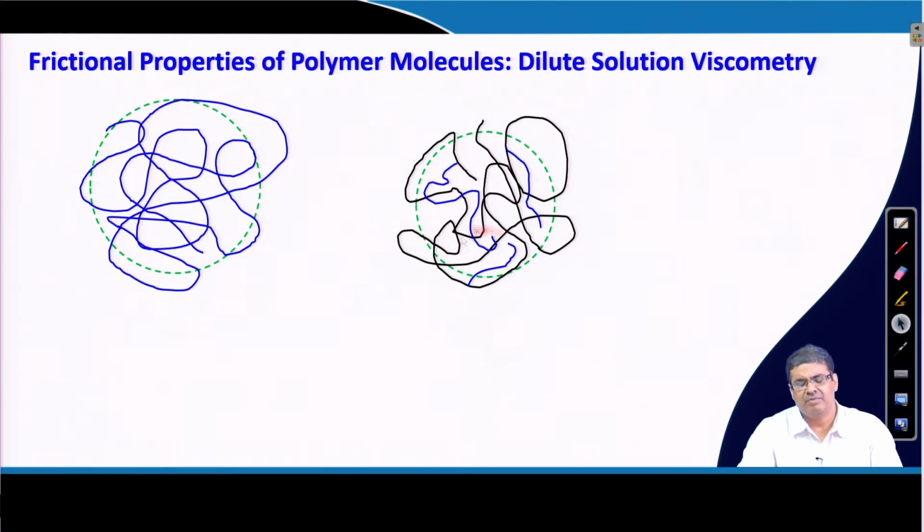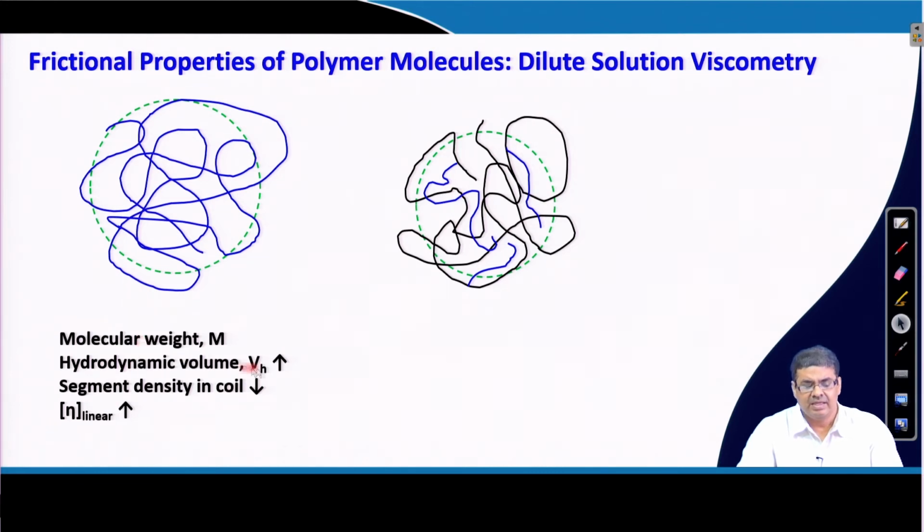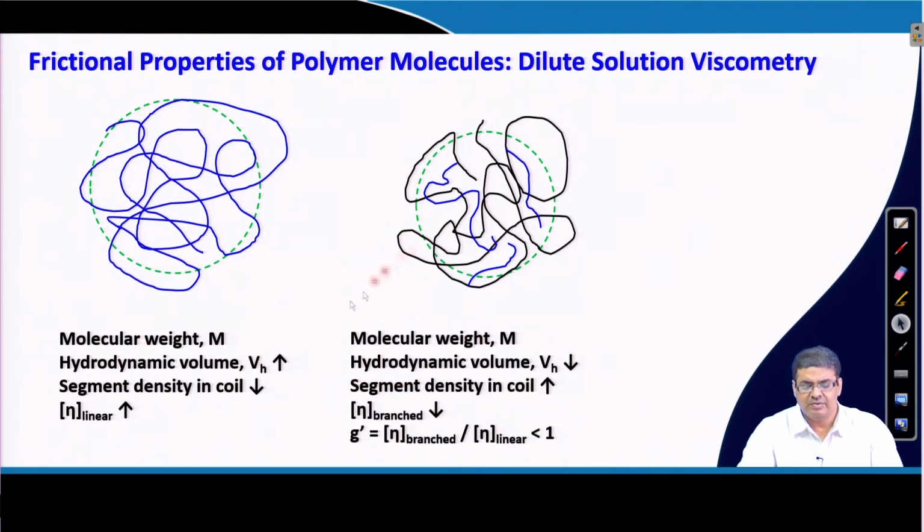Both have the same molecular weight, but the hydrodynamic volume for this will be higher, and for this it will be lower because of the presence of branches, and the segmental density of the coil will be higher, it will be a more dense coil, and so the intrinsic viscosity of this branched polymer will be lower compared to the linear one without branches.